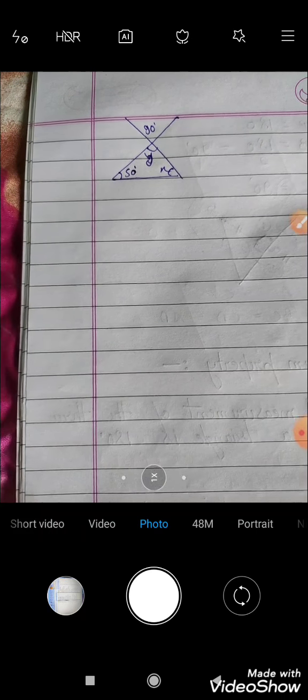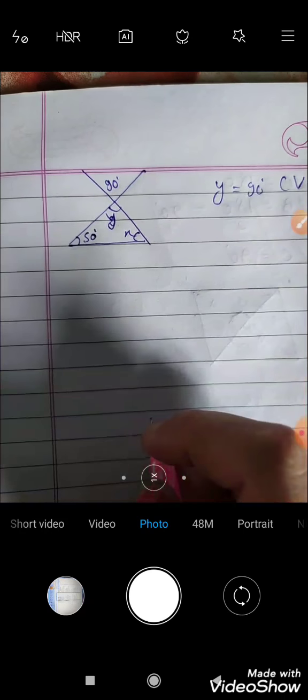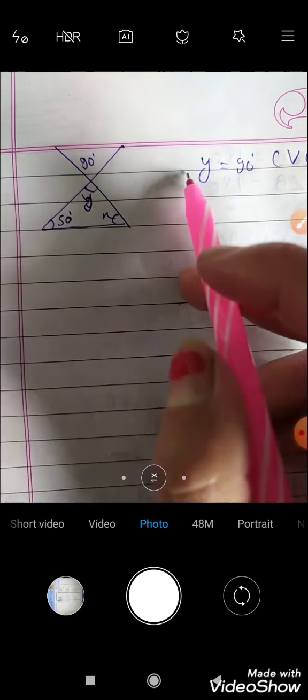So from here we can conclude that value of y is equal to 90 degree by the property of vertically opposite angle. So here we have the value of y, it is 90 degree.